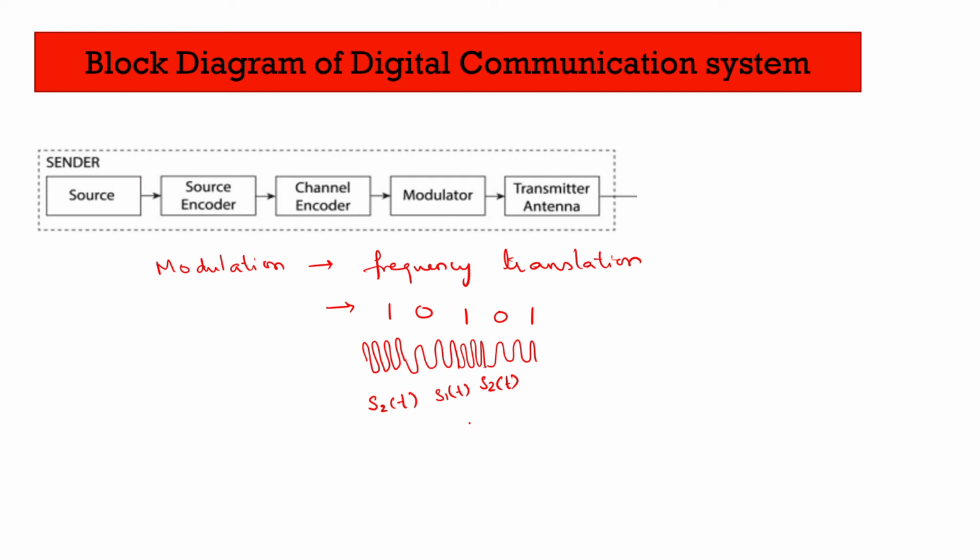So the output of the modulator is given to the antenna. What does the transmitter antenna do? It converts this waveform into electromagnetic waves, EM waves, and after converting it is given to the channel.